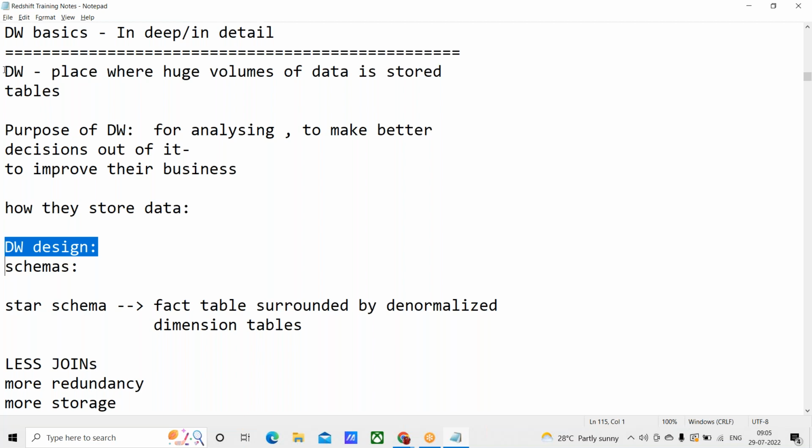So as part of the design in real time, there will be two things called star schema and Snowflake schema. Any company will be using either star schema or Snowflake schema in order to store the data in the data warehouse, and to design fact tables and dimension tables.